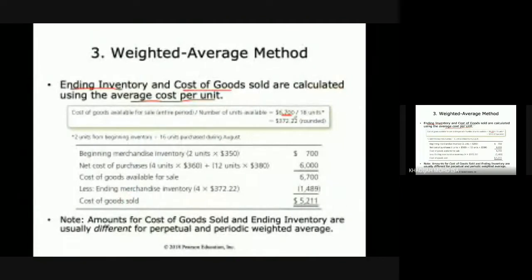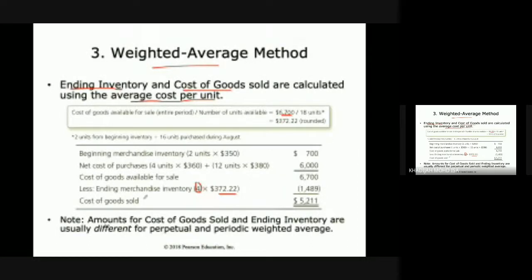That will be your per unit cost. So when you do weighted average and periodic, this is how you do it. To compute your ending inventory, you take the 4 closing units times the cost per unit. If you want to compute your COGS, it's similar.